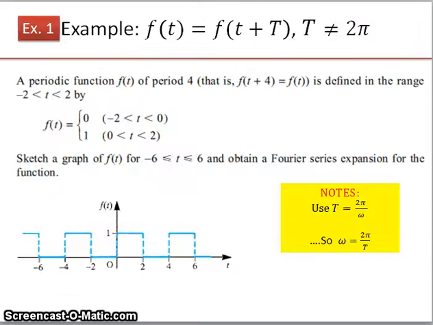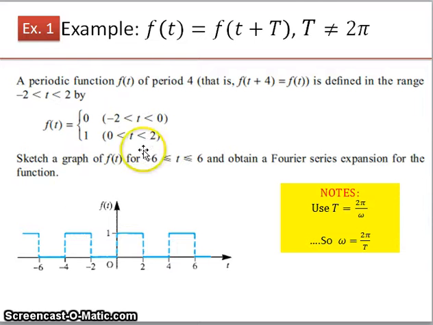Alright, now let's go to the example. If we have a periodic function like this, let's look at the question. A periodic function f(t) of period 4, that is f(t plus 4) equals f(t), is defined in the range of t from -2 to 2 by this equation of f(t). f(t) equals 0 when t is from -2 to 0, and f(t) is defined as 1 when t is from 0 to 2.